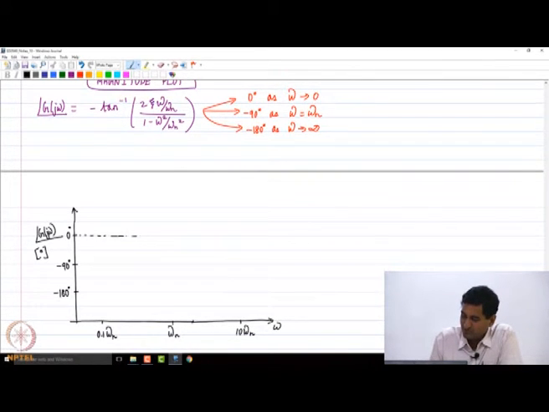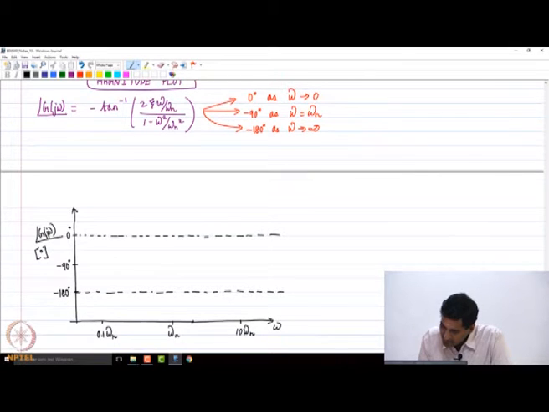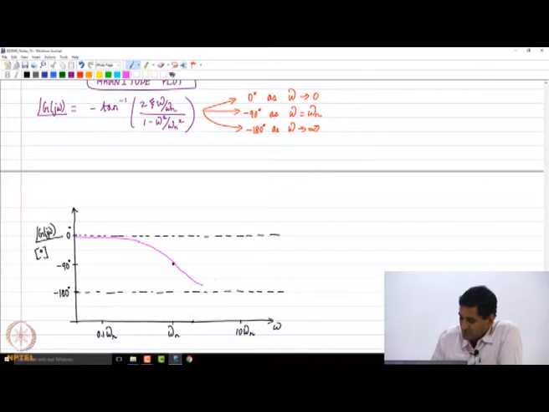So 0 and minus 180 are the two bounds, and at omega equals omega n, you are going to have minus 90, right. So what will happen to the phase plot is the following. As zeta starts to increase from 0, we are going to have the phase plot go something like this, and as zeta keeps on increasing, it becomes like this, okay.